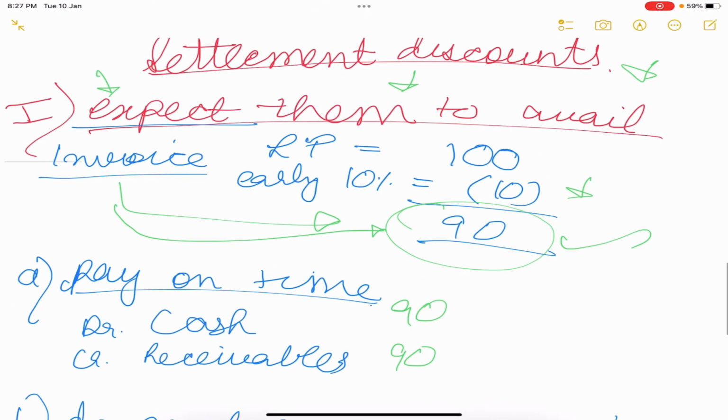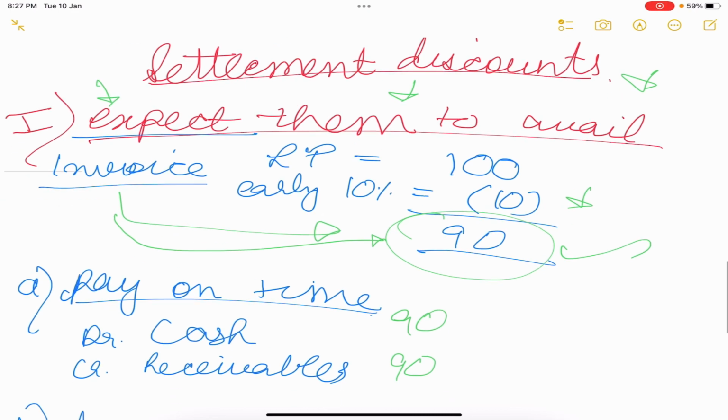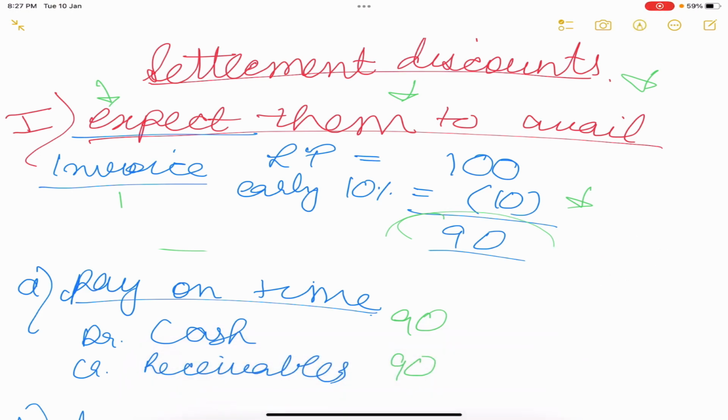We had initially expected for them to avail the discount, and that is why we had the invoice also at the discounted value, but they have not availed the discount and they have paid late. So in that case, will they be availing the discount?